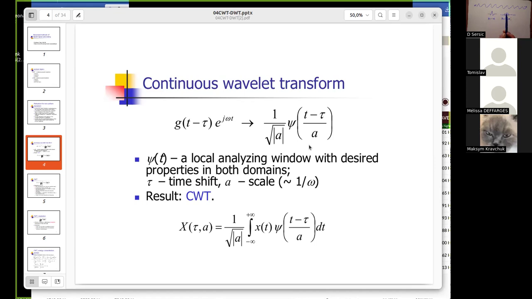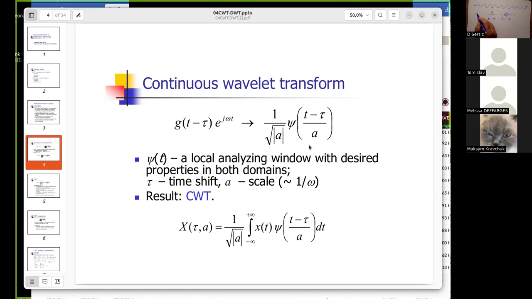Actually, in French language, it's called ondelet. The original name for wavelets was ondelet. So it comes from some guys that actually were in the area of geophysics, and they started with that wavelet transform.